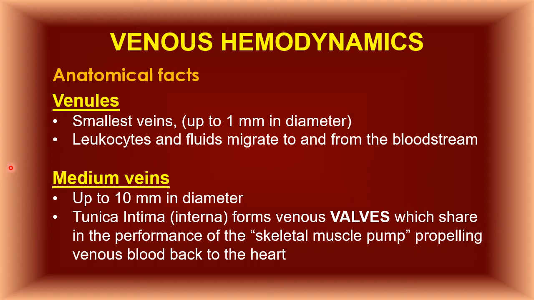Medium veins start from 1 millimeter up to 10 millimeters, and they have valves inside. Valves are important in allowing the venous return to the heart, especially in combination with the skeletal muscle contractions. This is called the skeletal muscle pump.